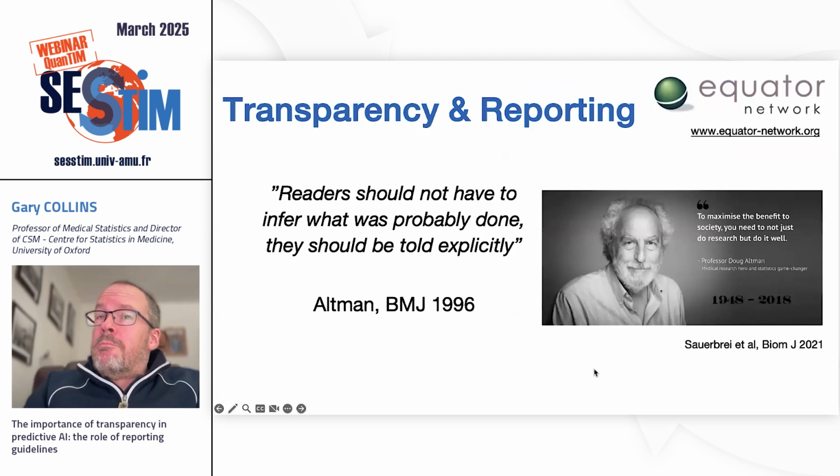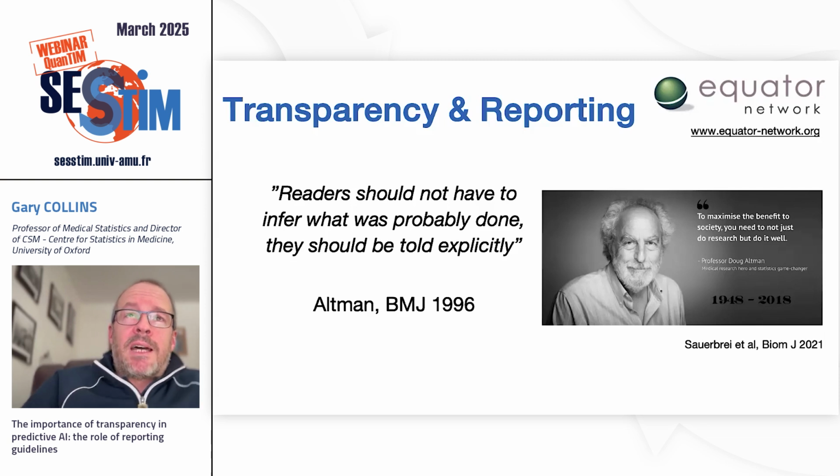Hopefully some of you might have heard of this chap on the right-hand side, Professor Doug Altman. If you Google Scholar him, you'll see he has nearly 1 million citations with a ridiculously high H-index and has been highly influential in the last 50 years in the health space. So if you've heard that quote, we need less research, better research, and research done for the right reasons, this is the chap who had that quote, and Doug was my old boss and had many good quotes.